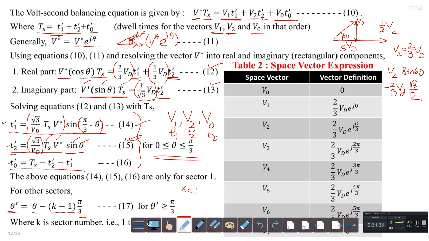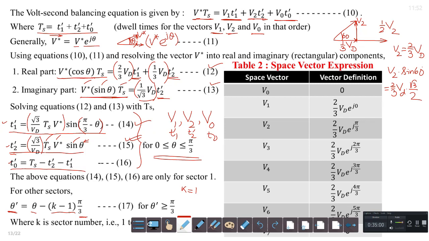So, theta is the general angle, the flux angle or reference voltage angle, and from theta we subtract and convert it to theta dash by equation number 17 and use theta dash in equations 14, 15 to obtain the times.